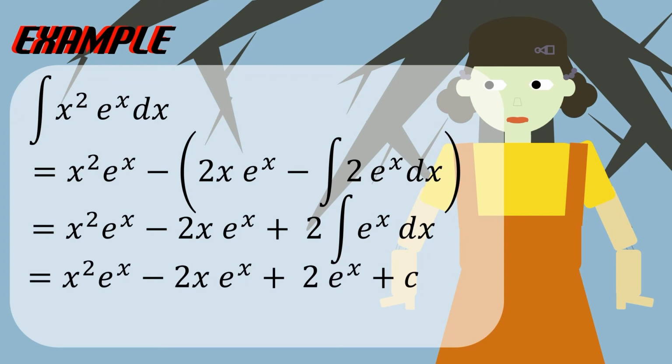And then we have x squared e^x minus 2x e^x plus 2e^x plus c. Now, if we want to factor out the e^x, our final answer is going to be e^x open bracket x squared minus 2x plus 2 close bracket plus c.